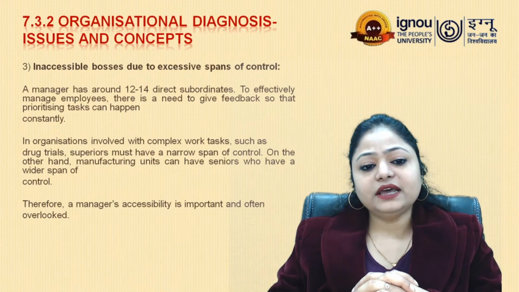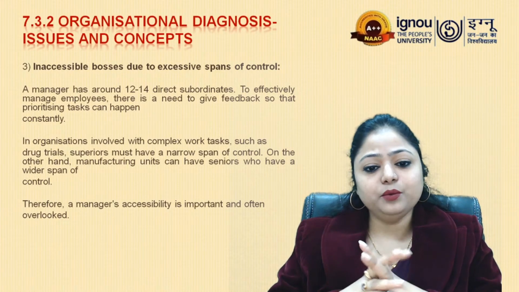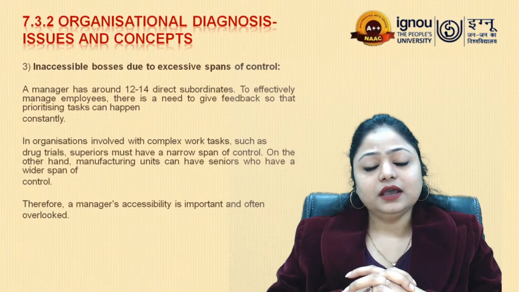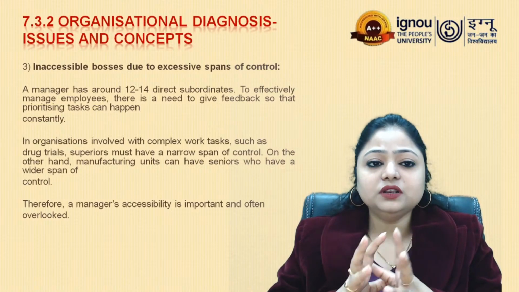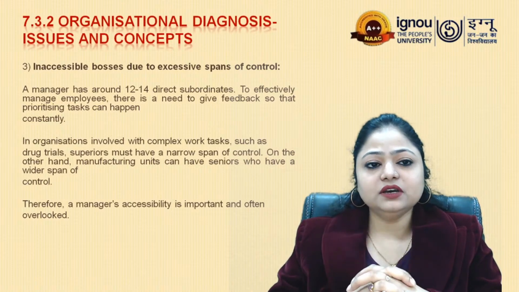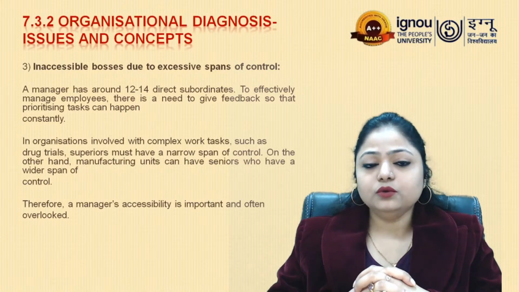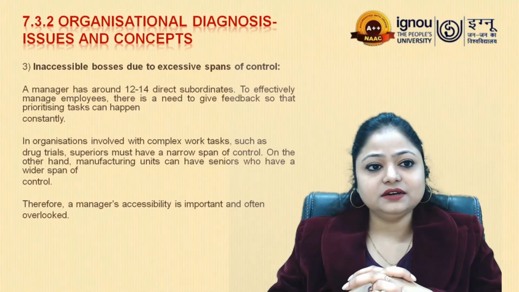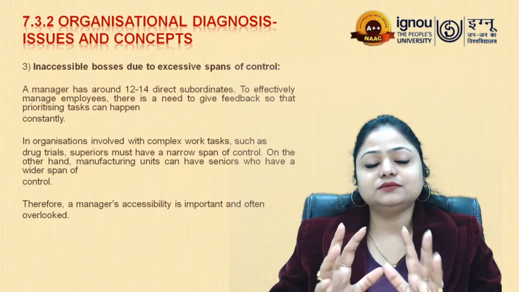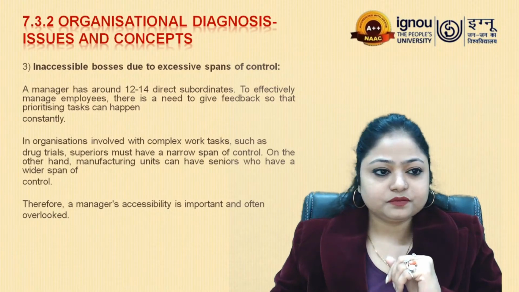So therefore, managers' accessibility is an important factor, and it is often overlooked when it comes to designing an organization. So when it comes to organizational diagnosis, this issue has been a prominent one.